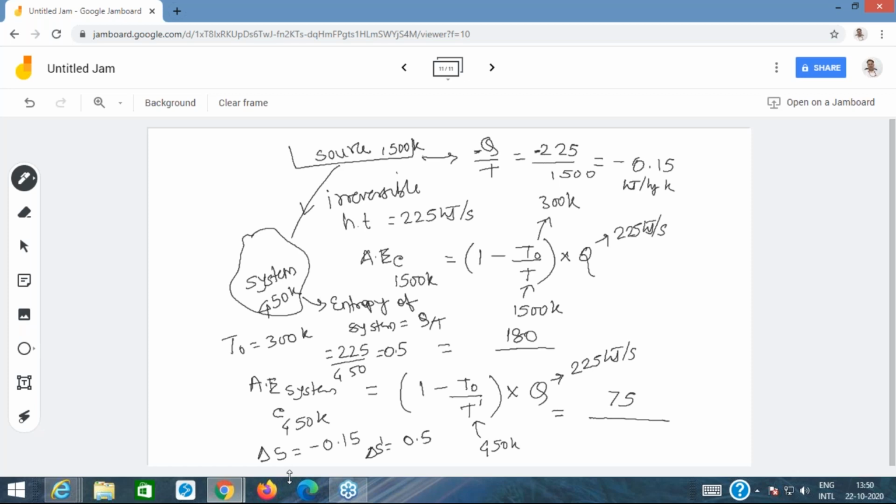So T naught into delta S dash minus delta S would be, T naught is 300, into 0.5 minus 0.15.